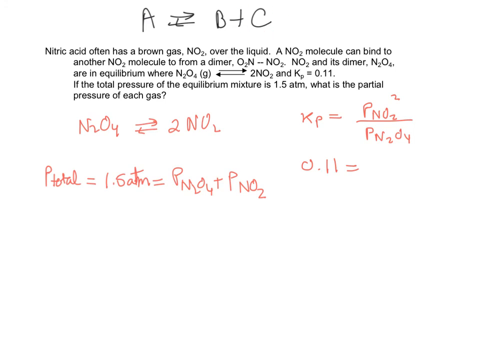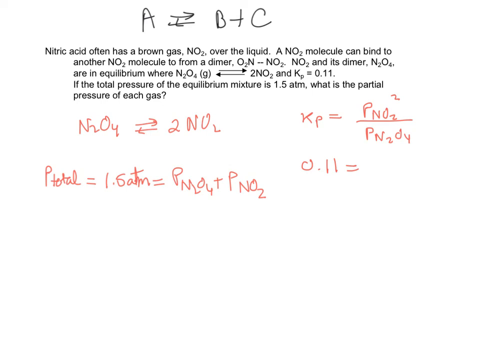So these were 0. As you decomposed A, you formed B and C, and they formed with the same ratio. So for every mole of B, you formed a mole of C. Now let's look at this one here. For every mole that's decomposed of N2O4, you form 2 moles of NO2.